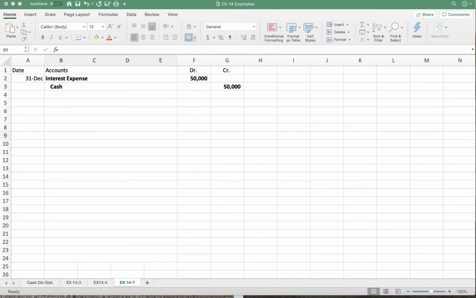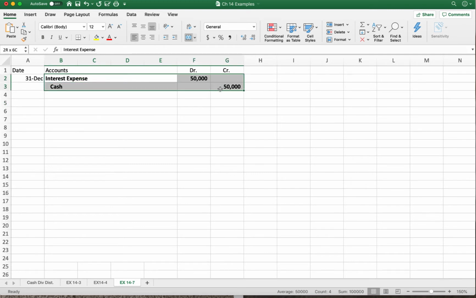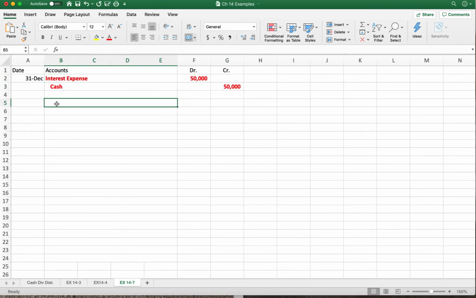What we should have done was, actually, let's do it this way. I'm going to make it red. Red means that's wrong, right? What should we have done?